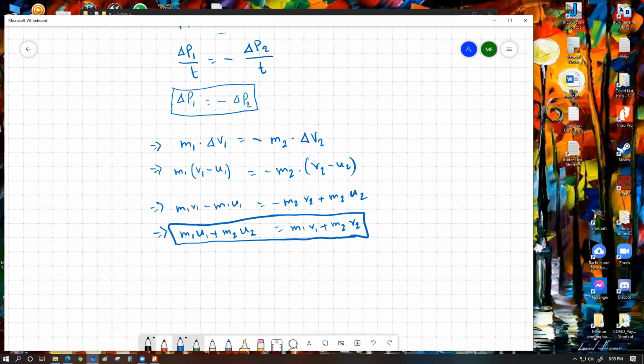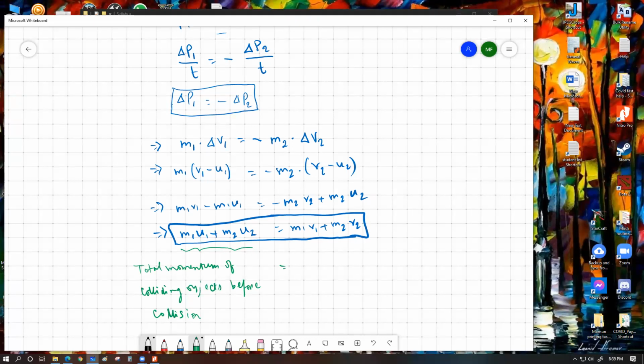Have a look at the left hand side of this expression. What do you see? M1 U1 was the initial momentum of object 1, M2 U2 was the initial momentum of object 2. So the sum of this whole thing was the total momentum of colliding objects before collision, which equals M1 V1 plus M2 V2.